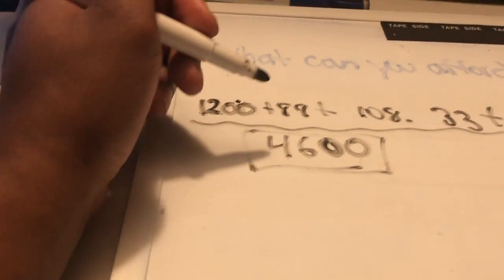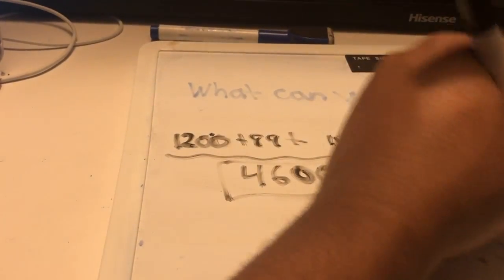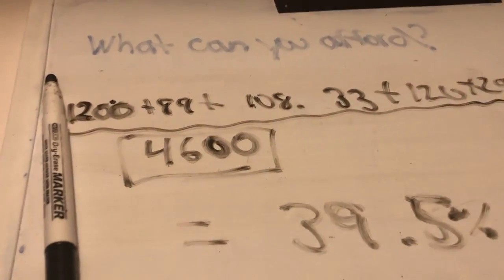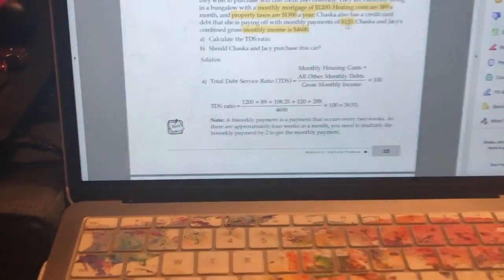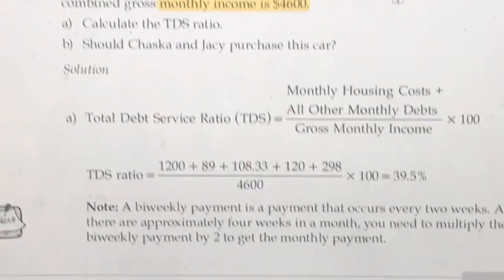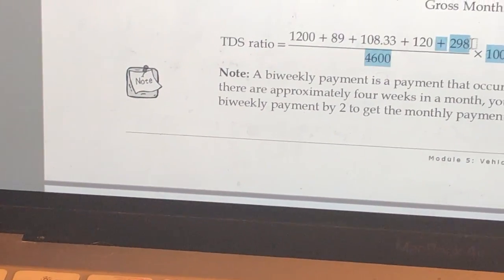Once we divide these two numbers together and multiply by 100, you should get a percentage of 39.5%. Do that on a calculator to make sure you get the right answer as well. It's also in the notes to help you out, right here. So we added them all up together. The key thing is we're missing one of those numbers that I haven't talked about yet. We haven't talked about this little fancy number here.